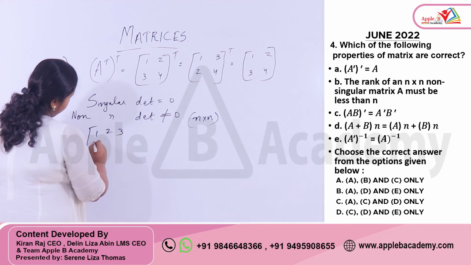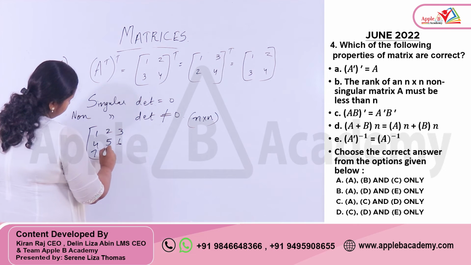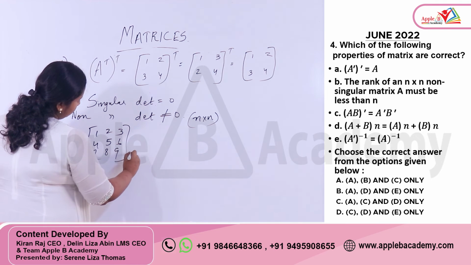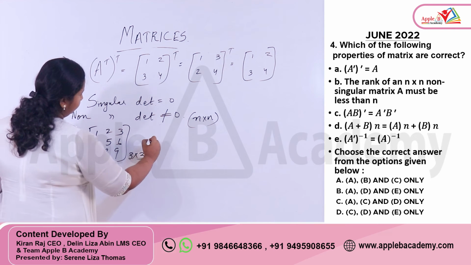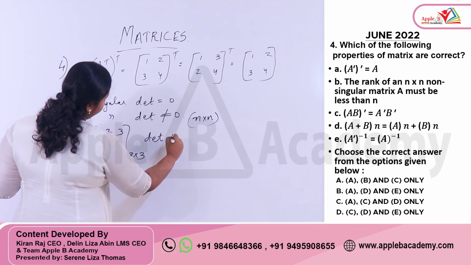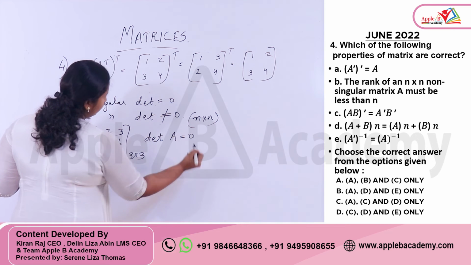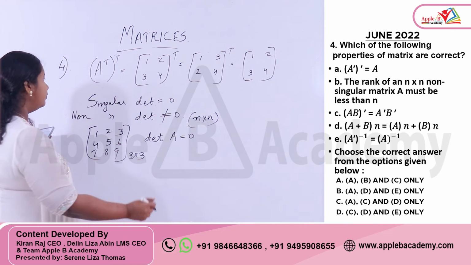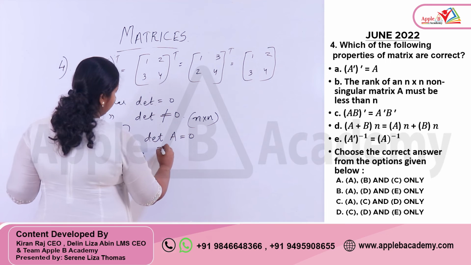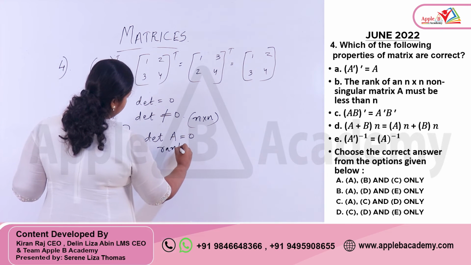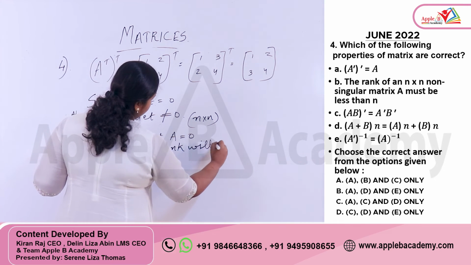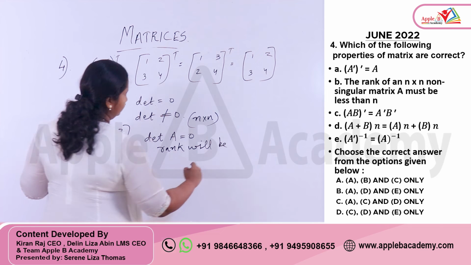So, for example, 1, 2, 3, 4, 5, 6, 7, 8, 9. This is a 3 into 3 matrix. If the determinant of A is equal to 0, then the rank will be less than n.